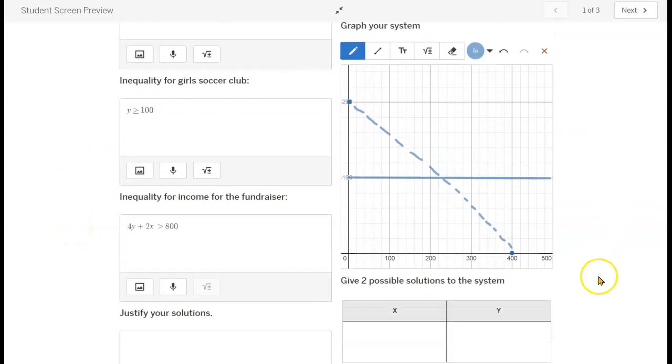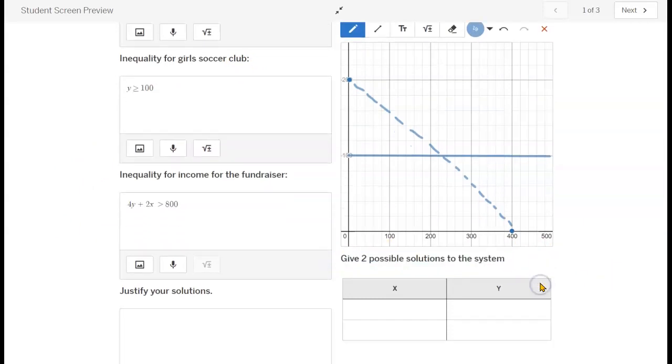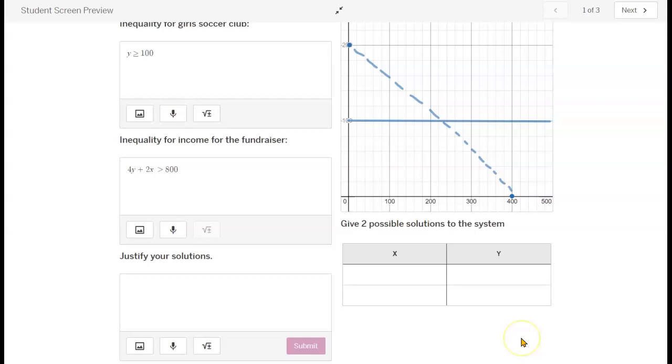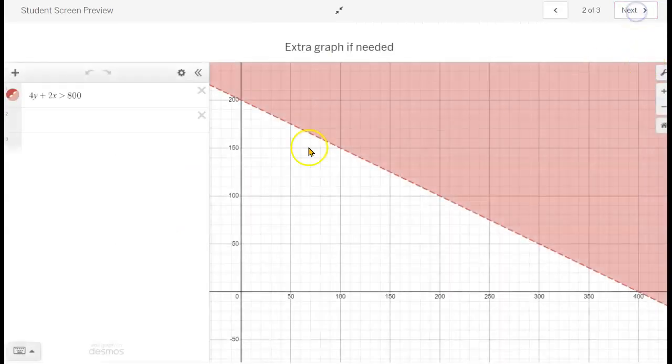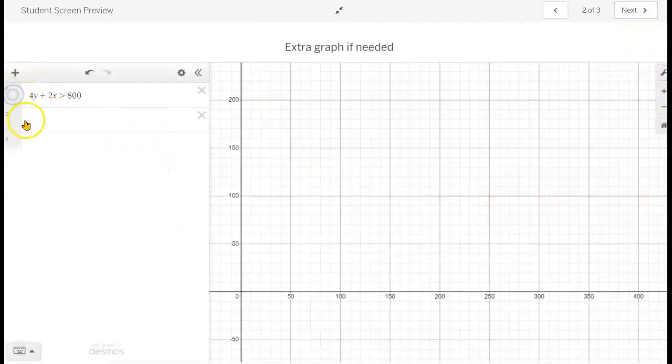Your next task is to give 2 possible solutions to the system. So remember, anywhere that is shaded by both equations or both inequalities is a solution to your system. So let me go in here real quick.